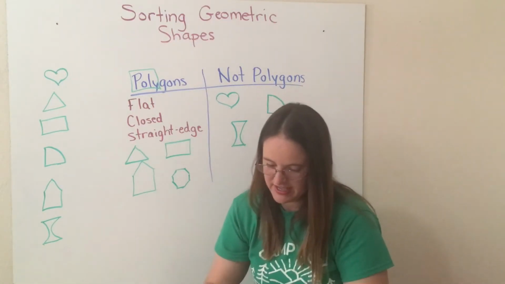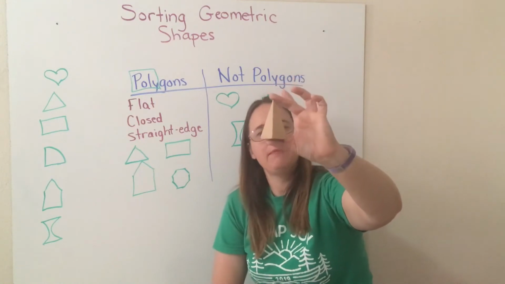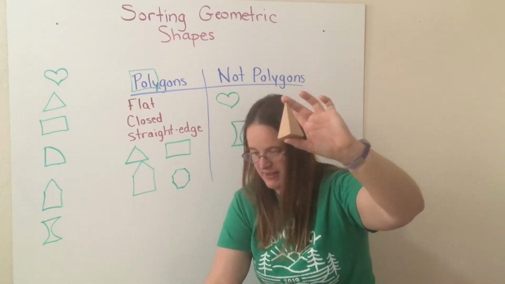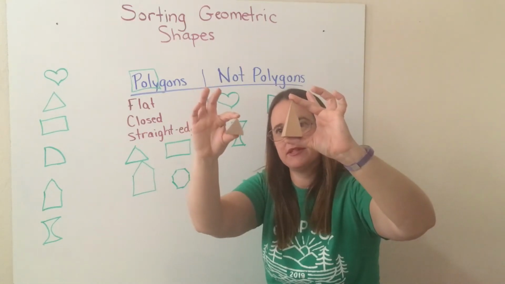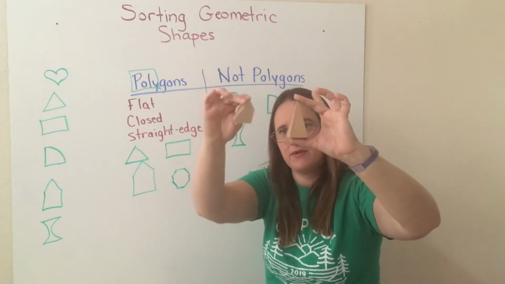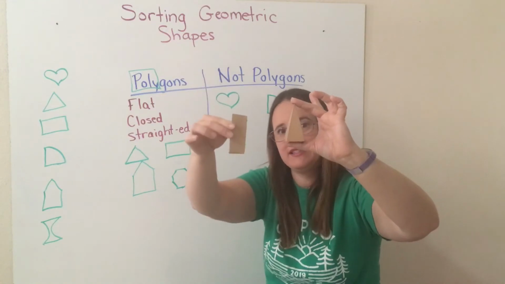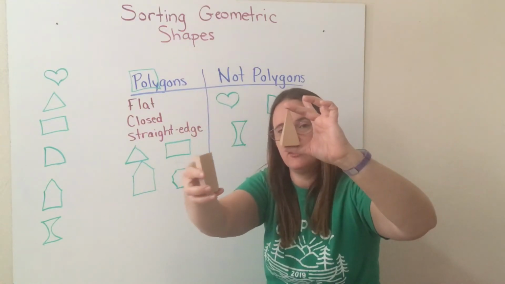The next one we're going to look at is a pyramid. A pyramid is made up of triangles too, kind of similar to the rectangular prism, but if you'll notice with the triangular prism, it sits on top of a triangle if we hold it the long way.